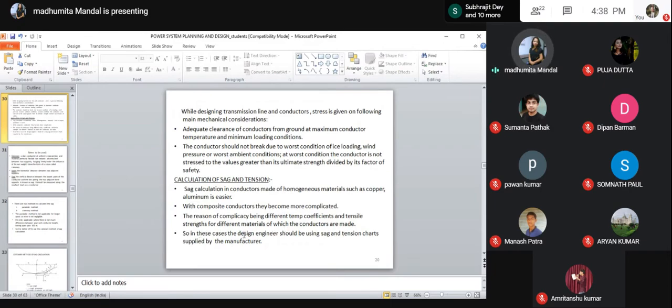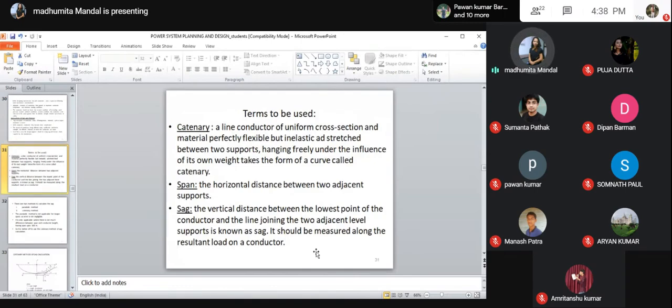So in these cases, the design engineer should be using sag and tension charts supplied by the manufacturer. We will read the sag and tension chart later. This is called a stringing chart. Okay, so this sag and tension chart is given with respect to the temperature.